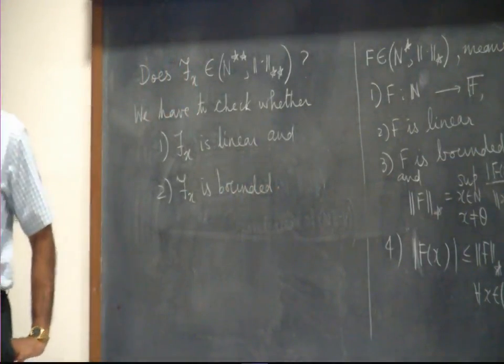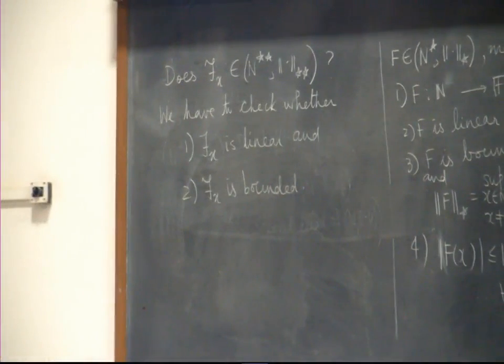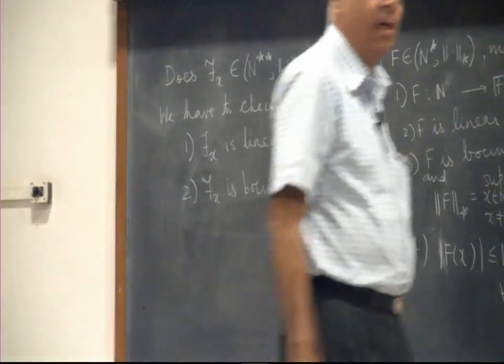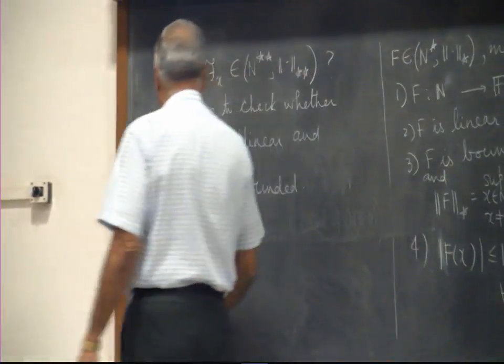These are the two things that we have to check to make sure that F_x is in N double star. So now it is a routine verification. Okay, to check, now let us check one.